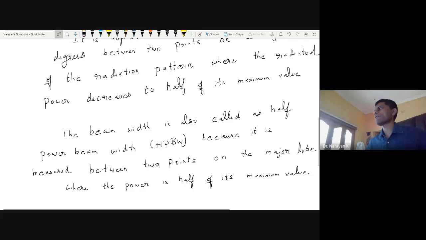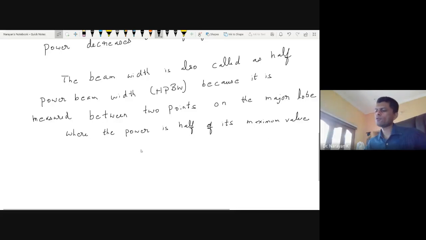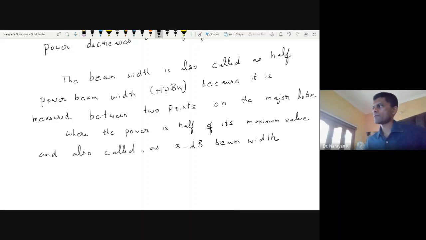It is also called the 3 dB beam width, as the reduction of the power to half of its maximum value is called 3 dB beam width.